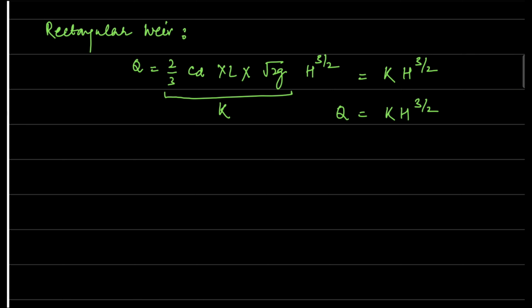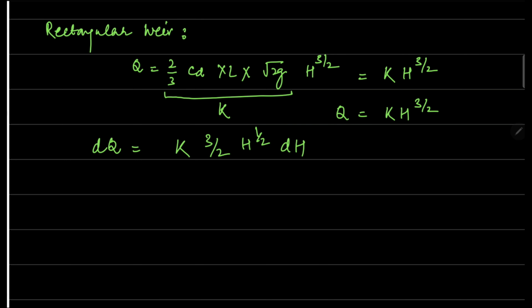if we differentiate this equation, it will look like dQ is equal to k multiplied by 3 by 2 h raised to the power 1 by 2 dh.